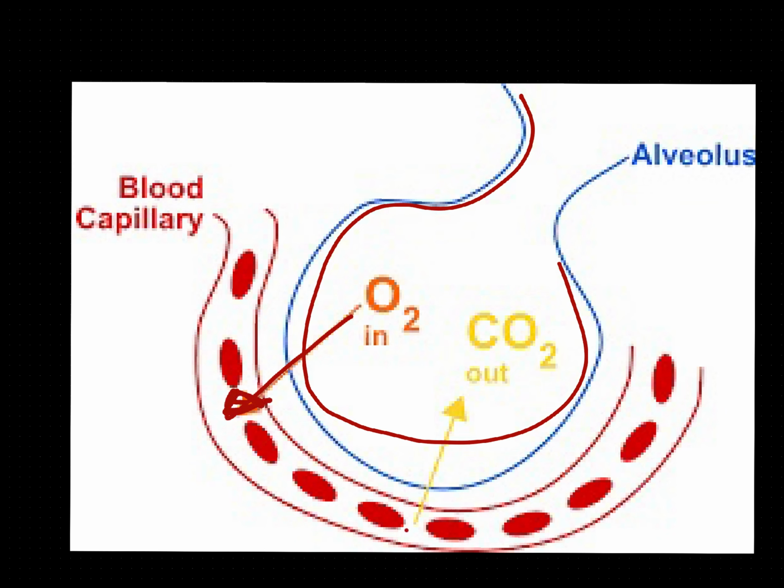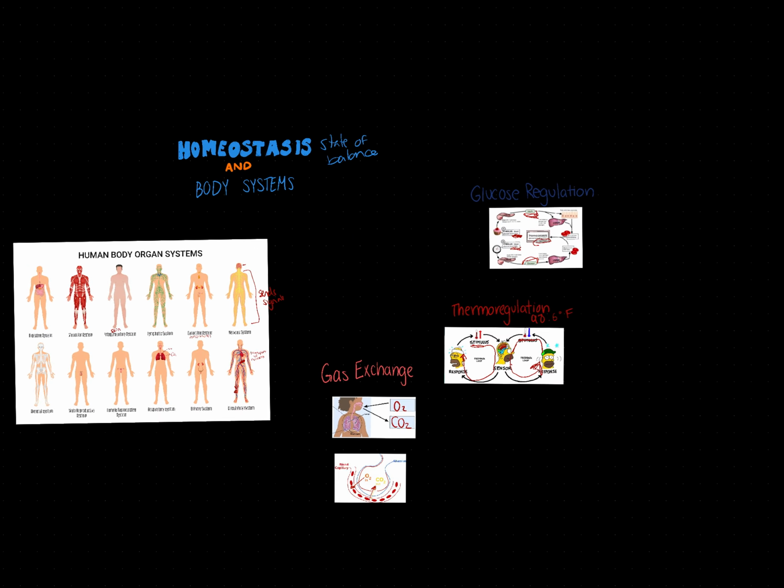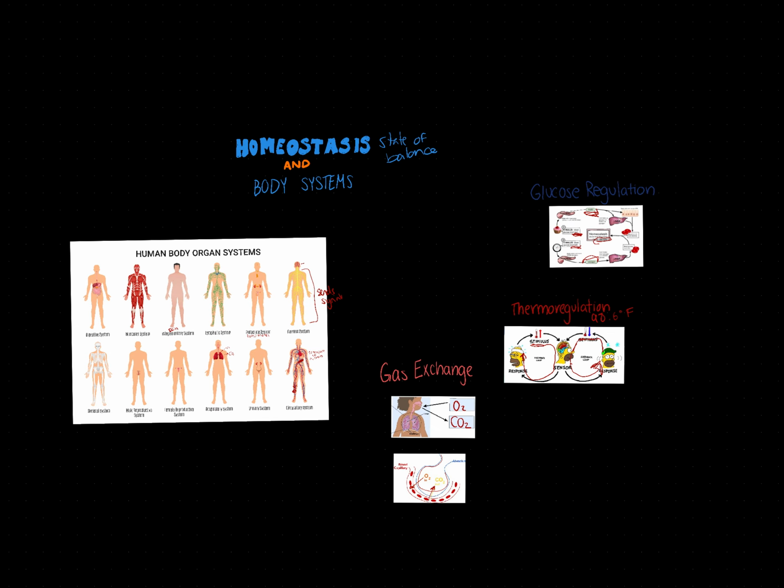At the same time, carbon dioxide is diffusing out of our blood into our lungs so that we can breathe it out. So every time you breathe in, oxygen goes in your lungs, it gets into your blood system, and then you breathe out carbon dioxide that just came out of your circulatory system. So those are some of the main ways that we've looked at homeostasis and body systems.